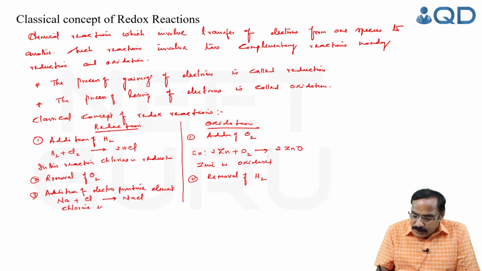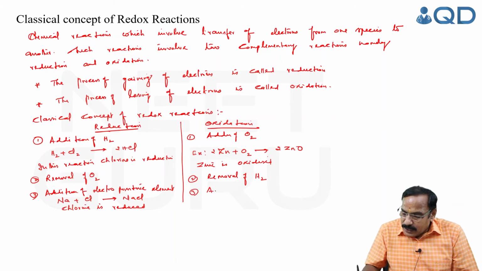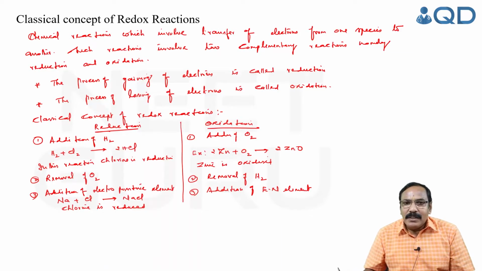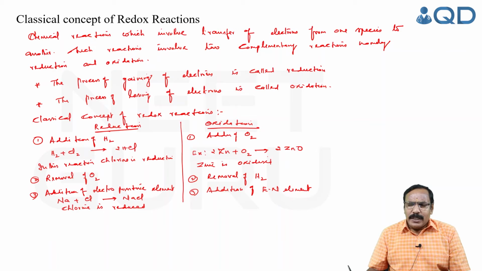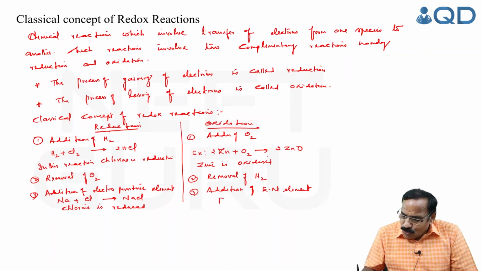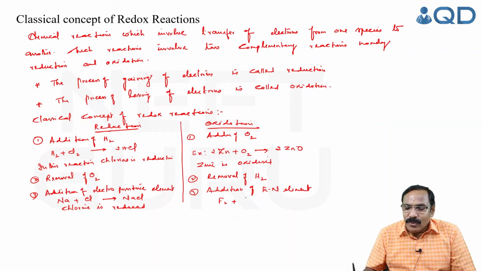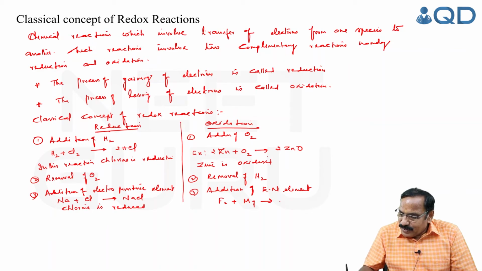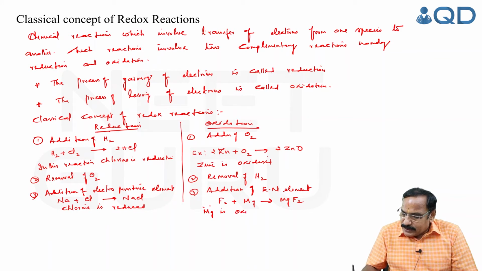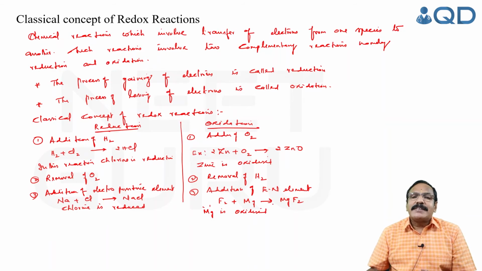Here, addition of electronegative element is oxidation. For example, take fluorine, a highly electronegative element. When fluorine is added to magnesium to form magnesium fluoride, magnesium is oxidized. I hope it is very clear.